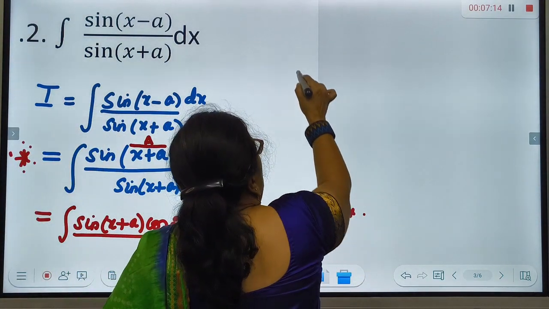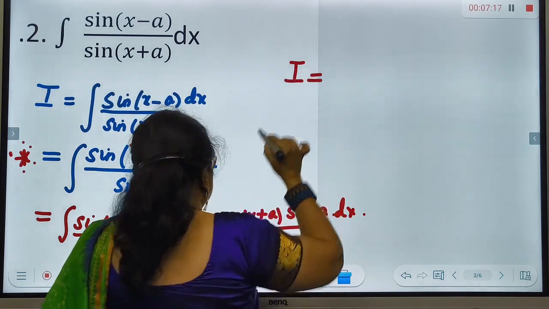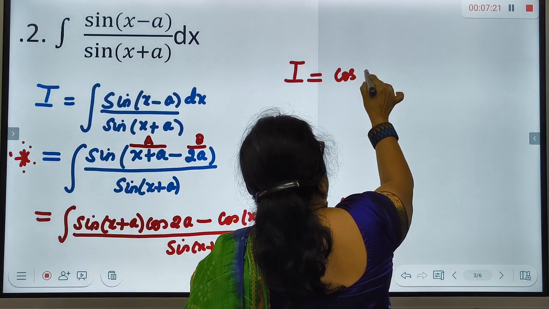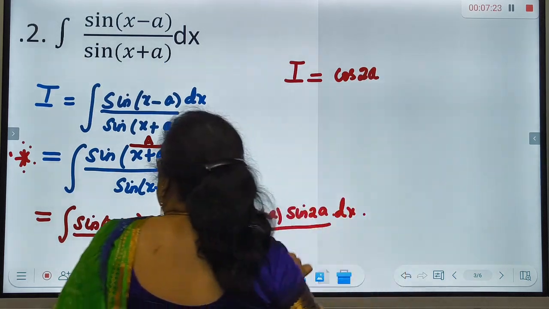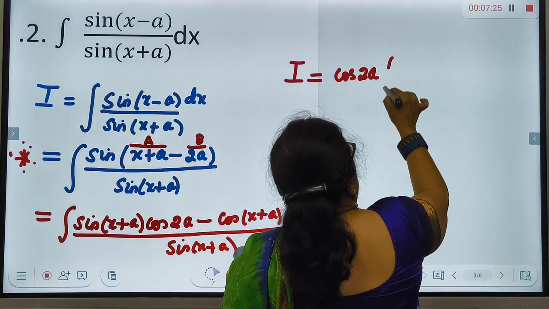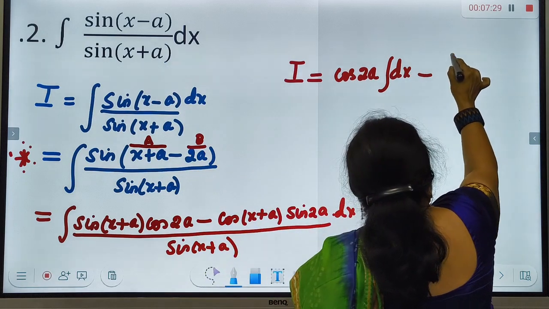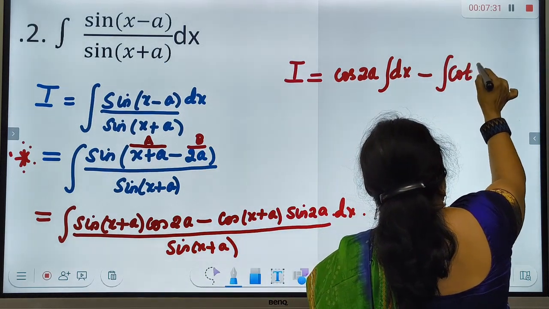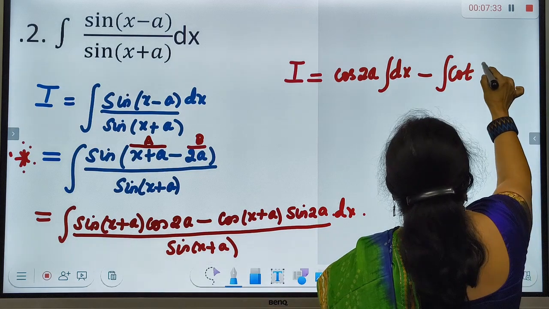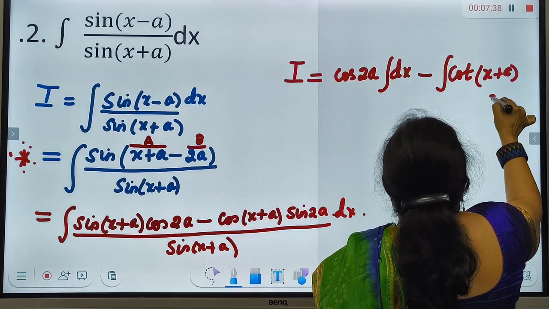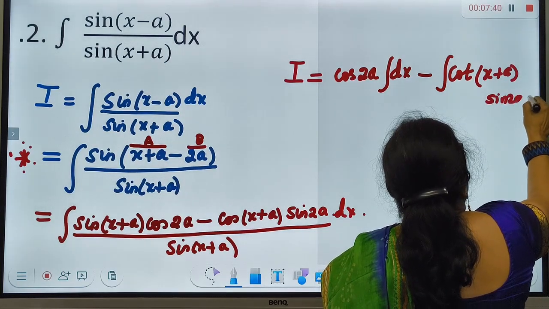So this is I equal to, cos 2a is a constant. So cos 2a, sine of x plus a will get cancelled. So integral of dx minus integral of cot of x plus a, because cos of x plus a by sine of x plus a is cot of x plus a, into sine 2a dx.